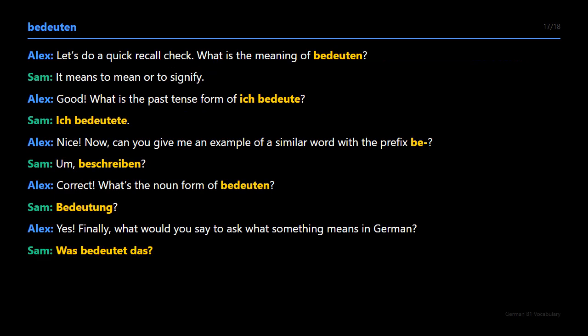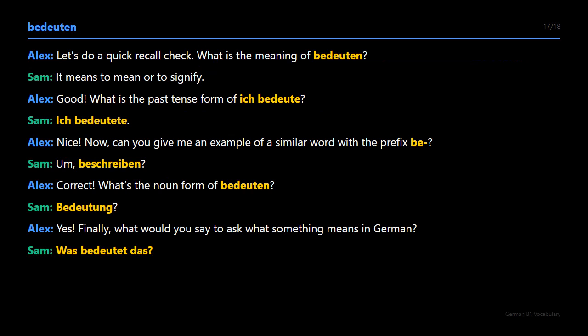Let's do a quick recall check. What is the meaning of bedeuten? It means to mean or to signify. Good. What is the past tense form of ich bedeute? Ich bedeutete. Nice.